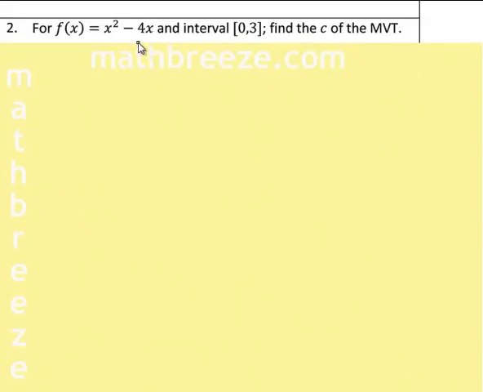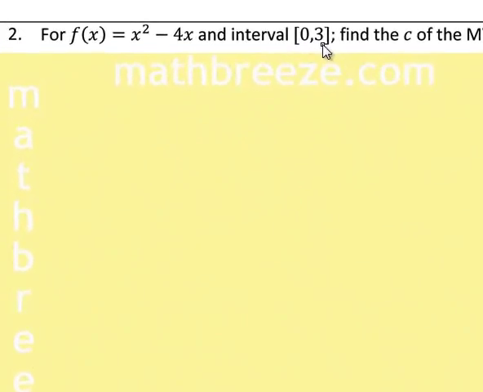In the second example, we have this function on interval [0, 3], and we want to find the c of the mean value theorem. So let's just recall the mean value theorem.